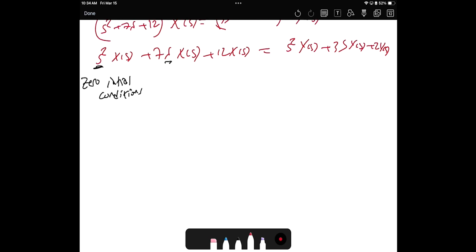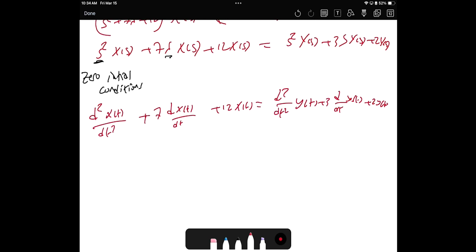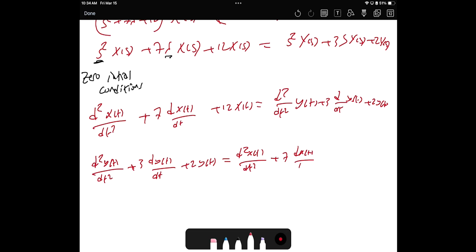Then to regulate it, I would prefer to put y on this side, so it will be d squared y of t by dt squared plus 3 dy of t by dt plus 2y of t equals d squared x of t by dt squared plus 7 dx of t by dt plus 12 x. Then this is the end. You can box it.